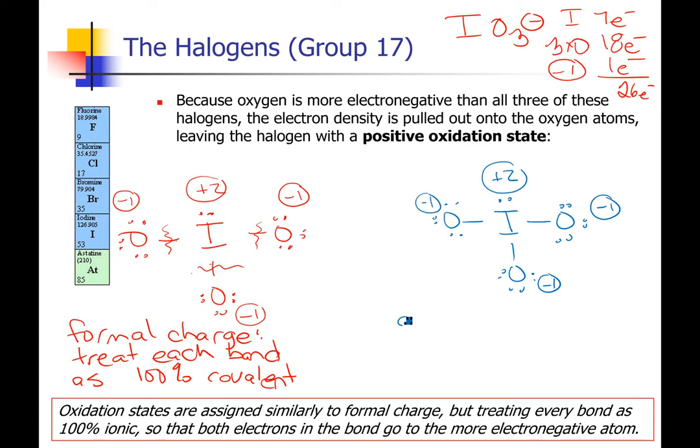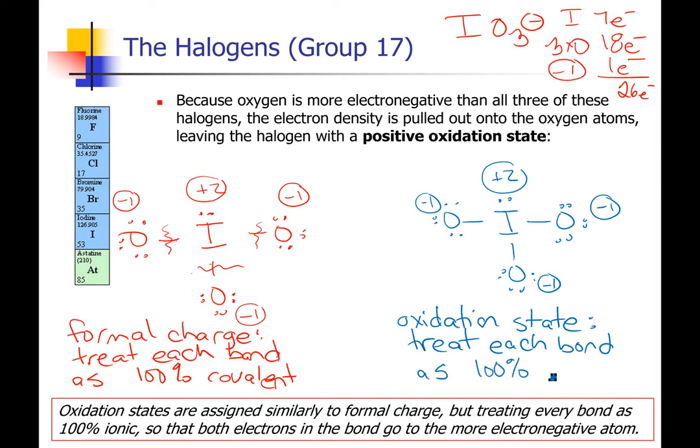Now, when I'm counting oxidation state, instead of breaking each bond as if it was 100% covalent, I'm going to break each bond as though it's 100% ionic. And what that basically means is if there is a more electronegative atom, it's getting both electrons from the bond. So I better take my charges off before I confuse the issue.